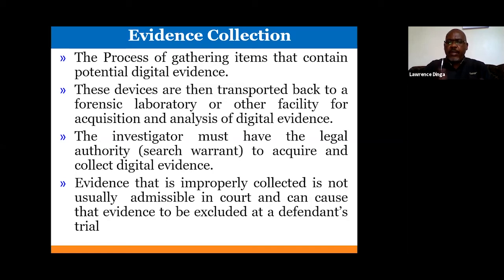Here, you go there, you see a computer, you pick the computer. You see a mobile phone, you pick the mobile phone. So you are gathering these so that you take them to the lab for analysis. These devices are transported back to a forensic lab or any other facility for acquisition and analysis of digital evidence.